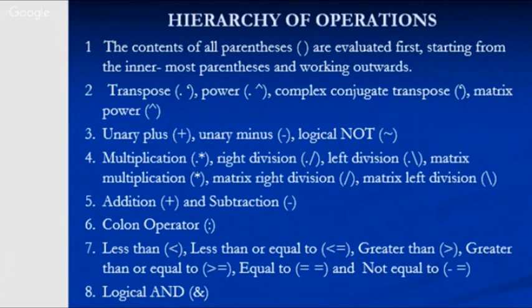Then comes the unary plus, unary minus, and logical not operation. Then comes the multiplication, right division, left division. Right division is, if you have written A slash B, then A divided by B it will do. Or left division, A backslash B, means it does B by A. So the slash you put is also very important.